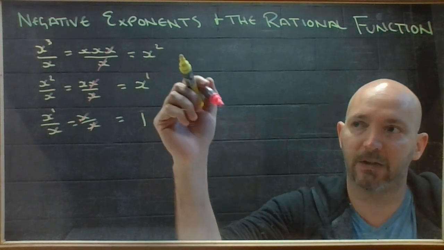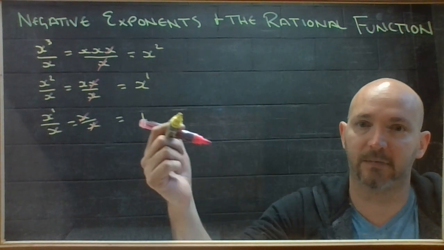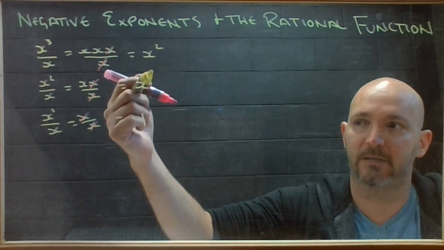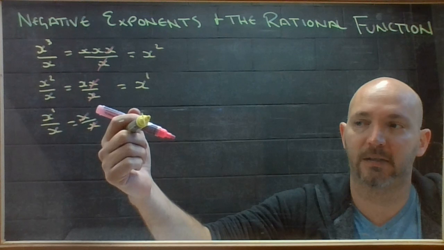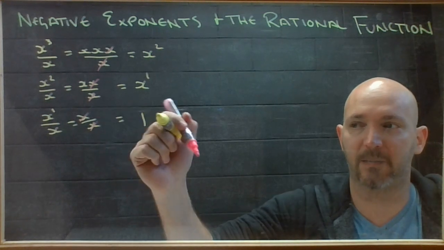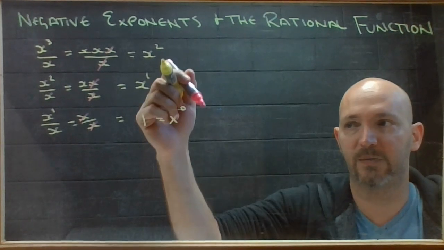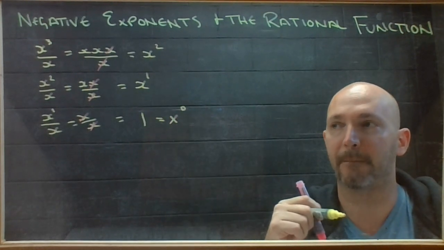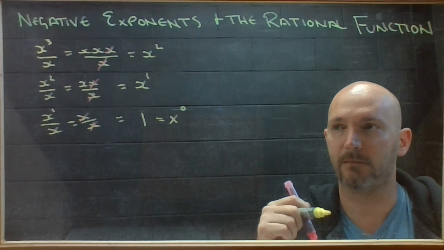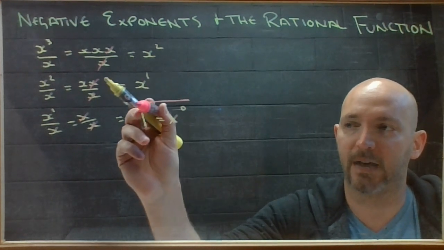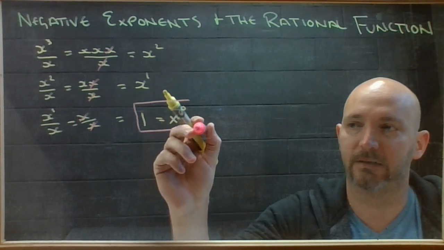Now, I'd like you to look at what's happening here with these exponents. x squared, x to the 1. This here, if you follow the pattern, that should be x to the 0. 2, 1, 0. Now, that's a little weird fact right there.